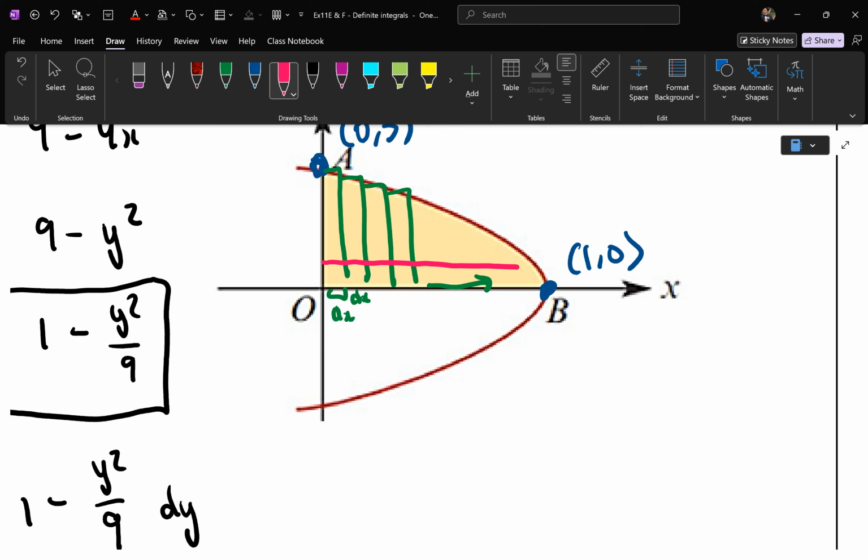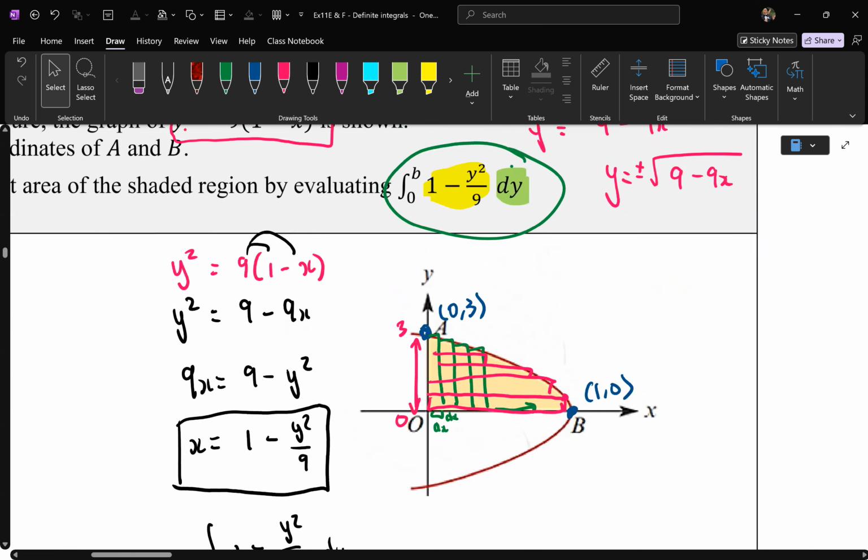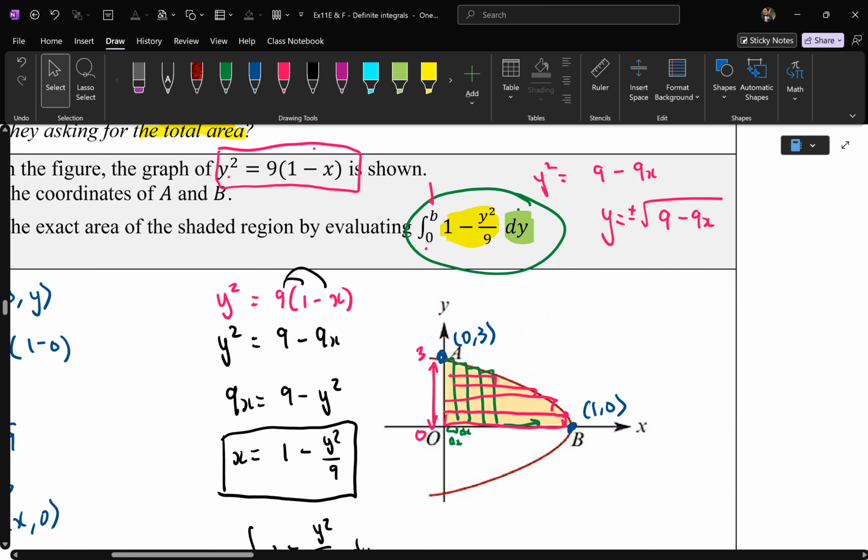Why don't we do rectangles horizontally? And we find the area this way. So if you go that way, that means you are going to work along. The restriction will be then smallest value is 0, and you work all the way to 3. That is why they have that 0, and the value of b there has to then be 3.